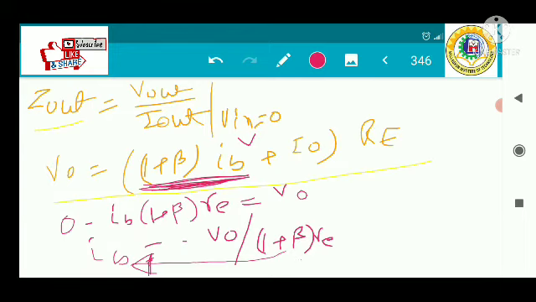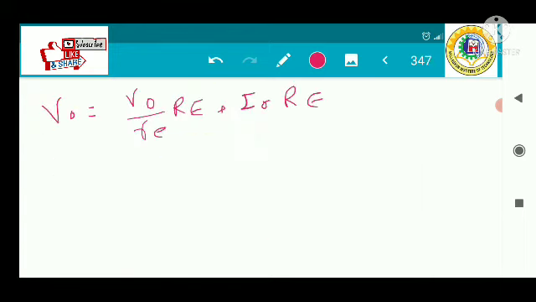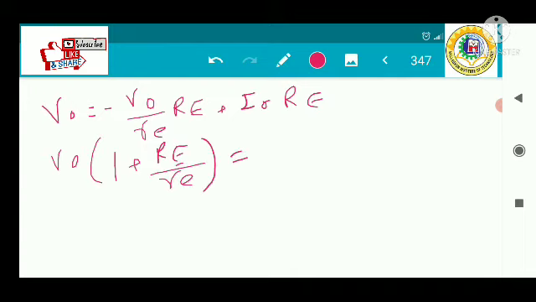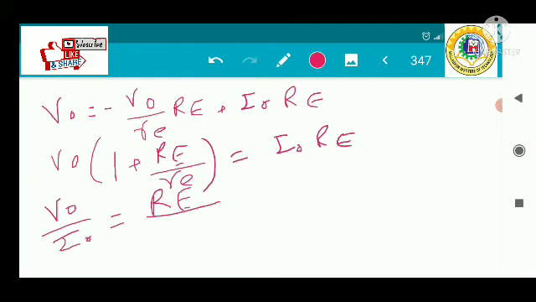So 1 plus beta into IB equals minus V0 by re. This is what I am writing, and I0 RE will be kept intact. Okay, so just take V0 common, 1 plus RE divided by re equals I0 into RE, then V0 divided by I0 will be equal to RE divided by 1 plus RE divided by re.